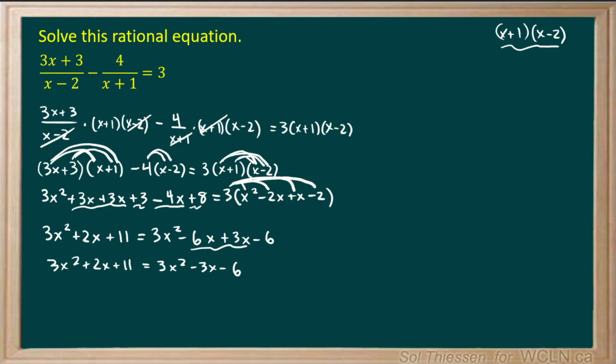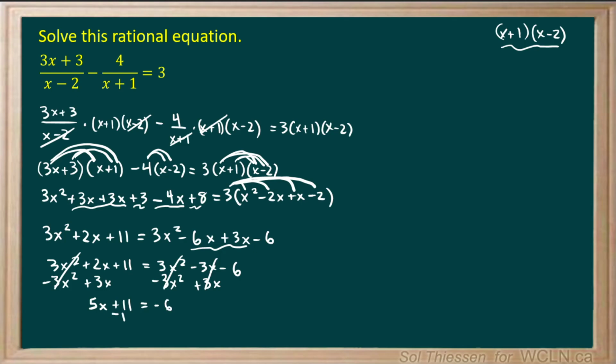And now we're going to move all of our variables to one side of the equal sign. So let's move all of our x's to the left-hand side. So we'll subtract 3x squared and add 3x. Of course, we have to do the same over here. So that'll leave us with 0x squared on the left, 5x on the left plus 11 equal to negative 6.